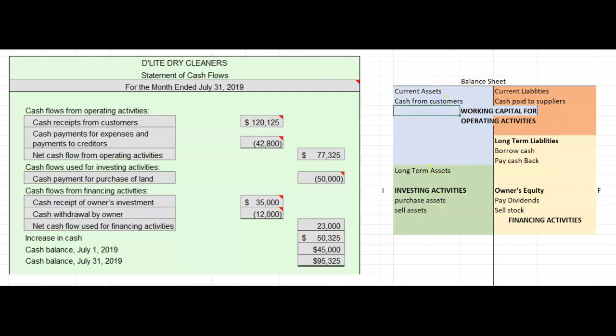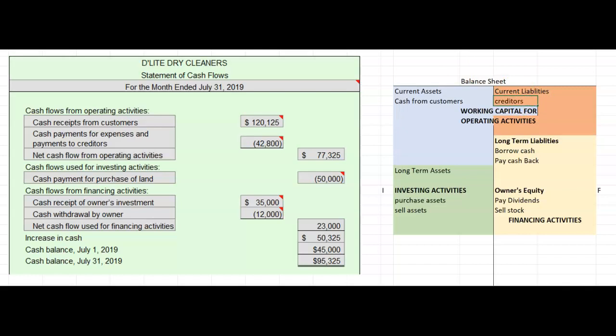All right. So let's take a look at the solution that we have over here and relate. This is our chart. Let's relate the solution to it. This was from the homework. So for operating activities, I've got cash received from customers. Okay. Cash payments for expenses and payments to creditors. Okay. So to suppliers, let's call it creditors so it kind of maps.